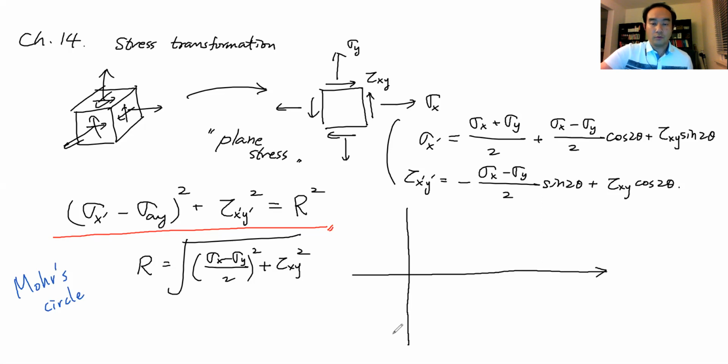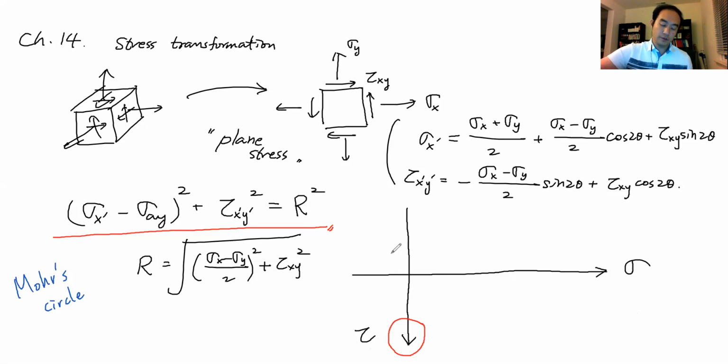When we develop the Mohr circle, the x-axis is the normal stress sigma. The y-axis is kind of interesting, because its positive direction is downward. But anyway, this y-axis is the shear stress tau.